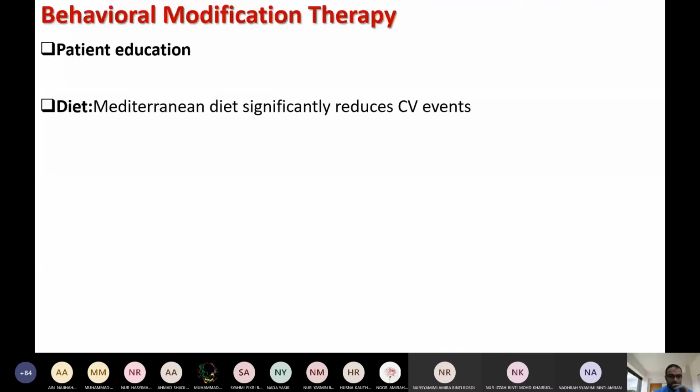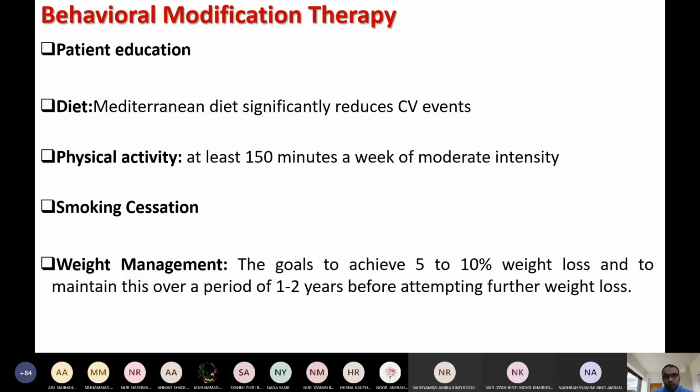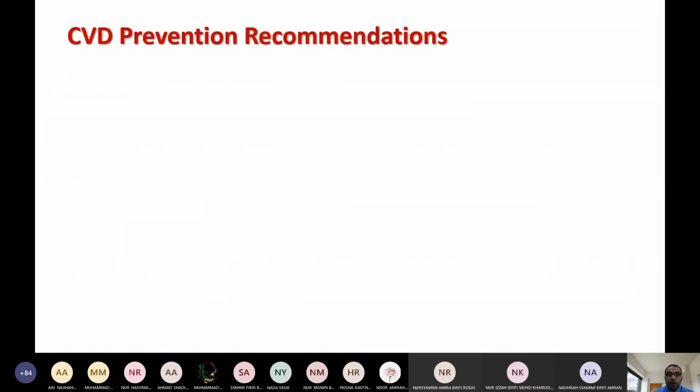There is some data on the Mediterranean diet. Physical activity and physical exercise in the range of at least 150 minutes is of course a general recommendation for cardiac health, along with smoking cessation and weight management. This is overall the behavioral modification therapy for cardiovascular health.